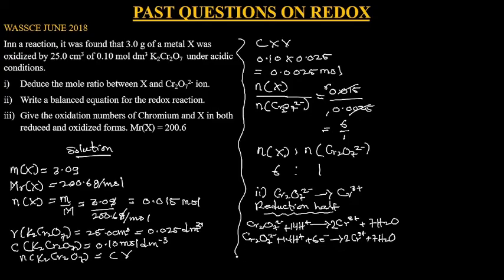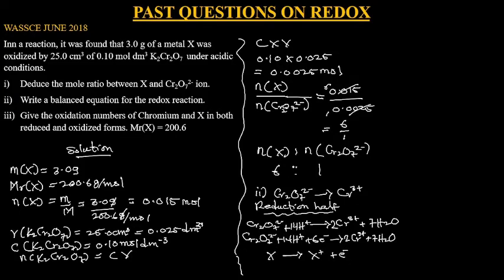So the next thing we have to do is to balance x. Now we have x, which has been oxidized, and so the oxidized form of x is going to be x+. Okay, that means that it has lost an electron.